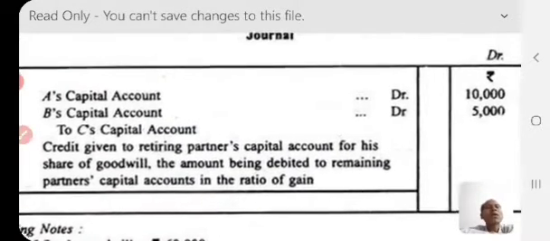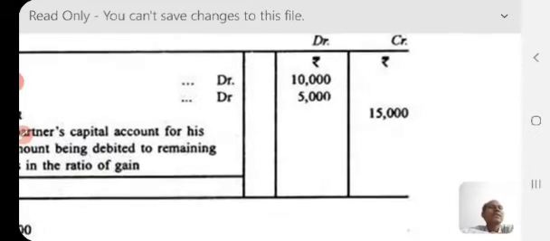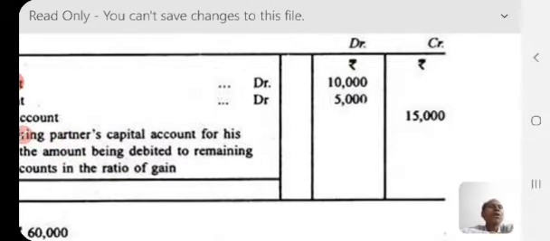So A's capital account debit, B's capital account debit, to C's capital account, how much? 15,000. The 15,000 share of goodwill of the retiring partner is borne by the continuing partners, that is A and B.